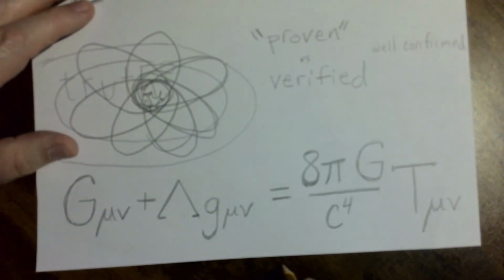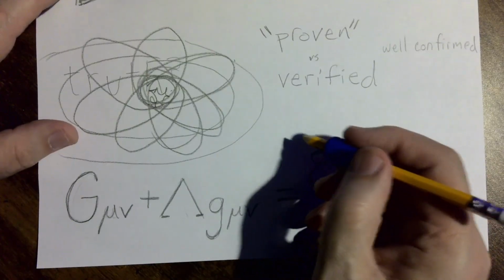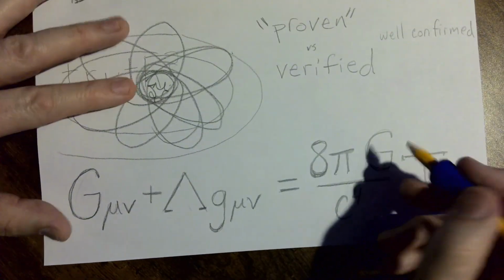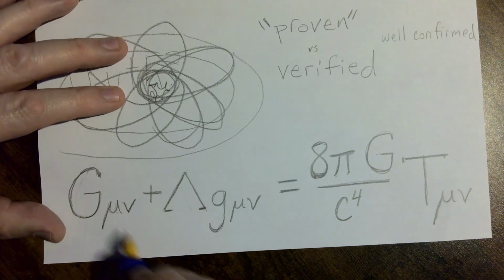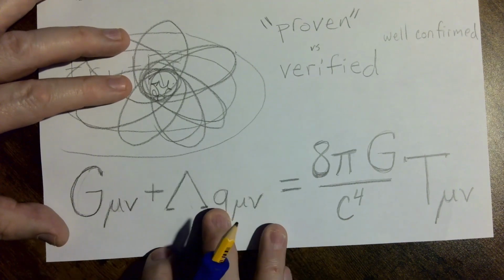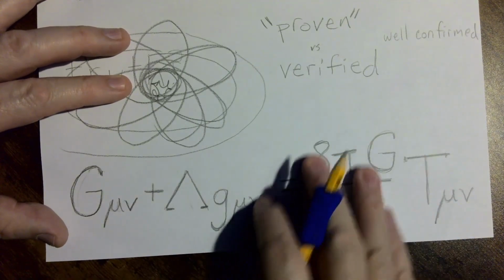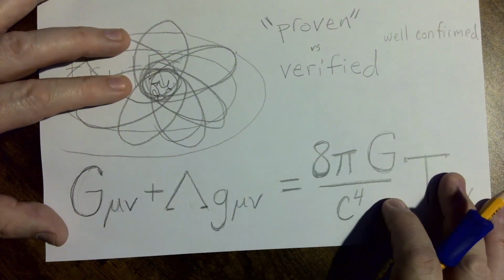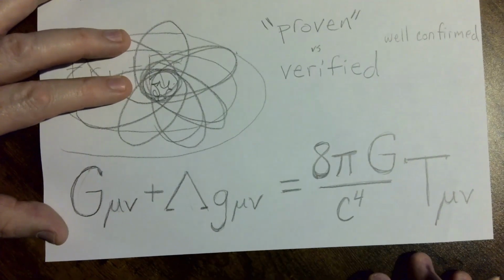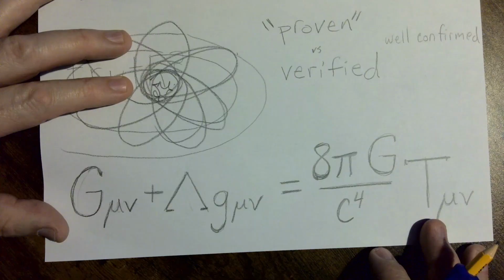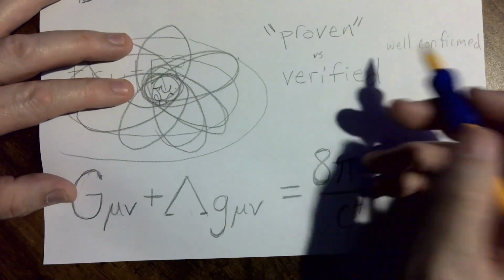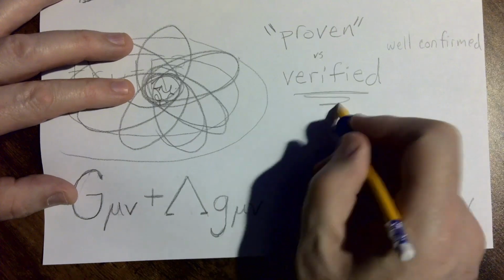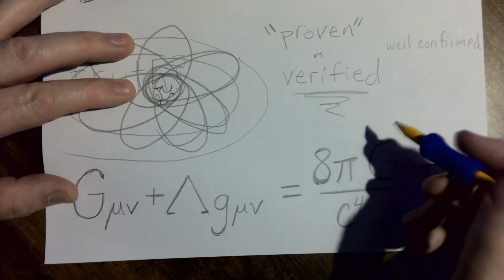And a guy named Einstein figured that out. So this is the way things curve space-time, and this is the path, how things need to follow that curvature. Proven? Verified, most definitely.